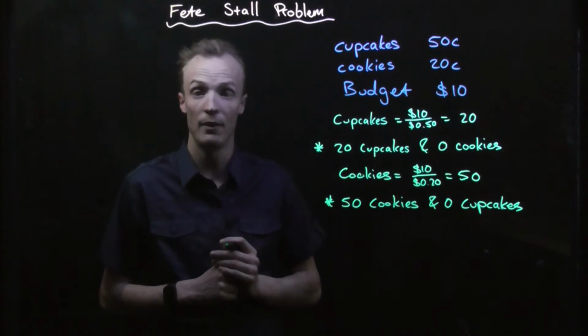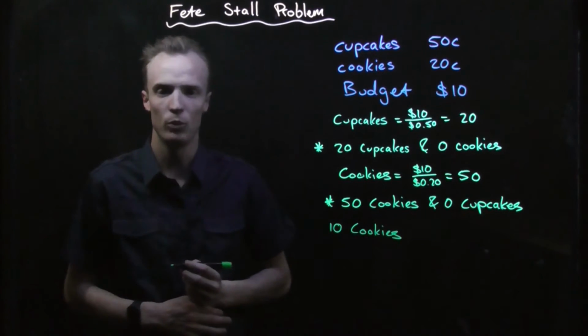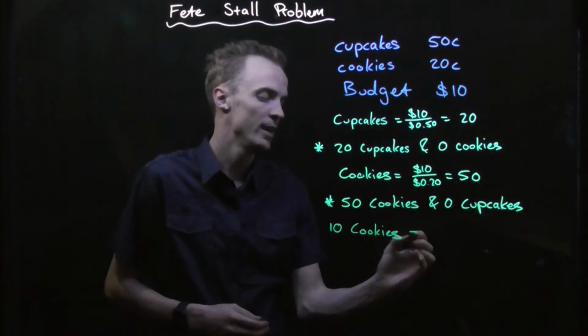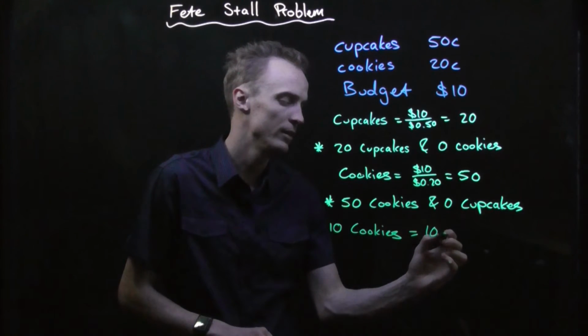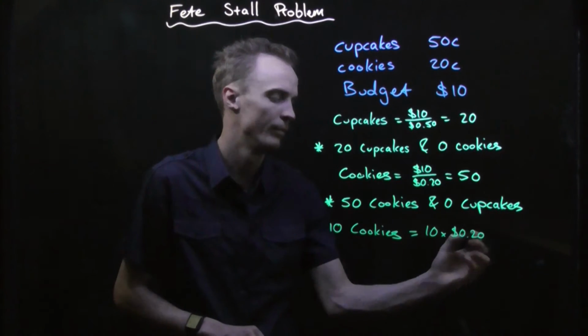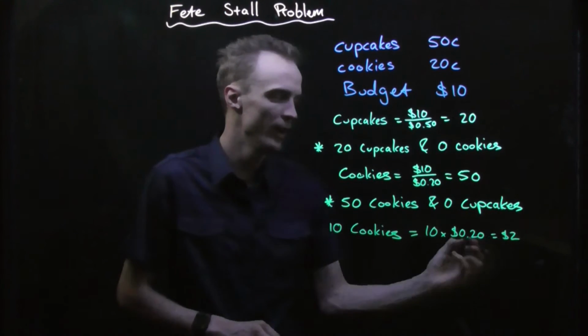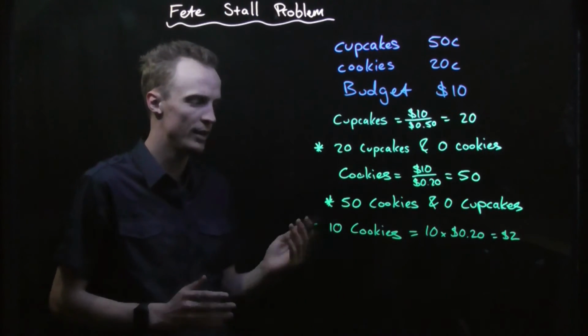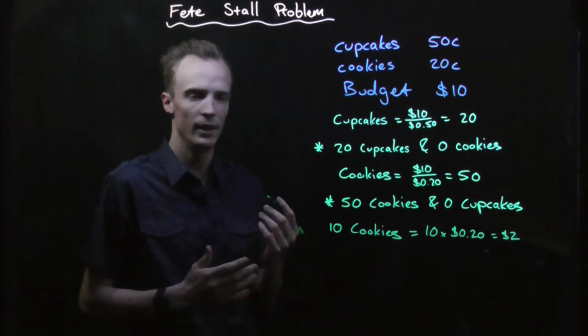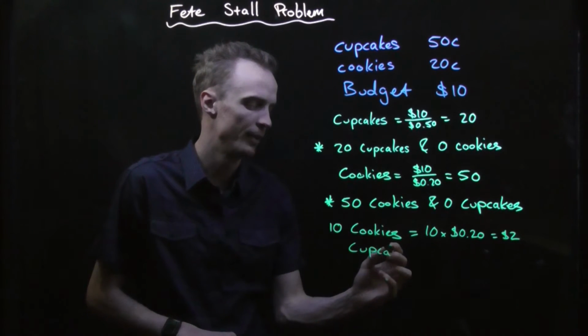Let's say I wanted to have 10 cookies. How much will that cost? Well, 10 cookies will be 10 times the cost of each cookie, which is 20 cents. And that is equal to $2. So if I have spent $2 on cookies, I would have $8 left on cupcakes. So let's work out the number of cupcakes I'd get.